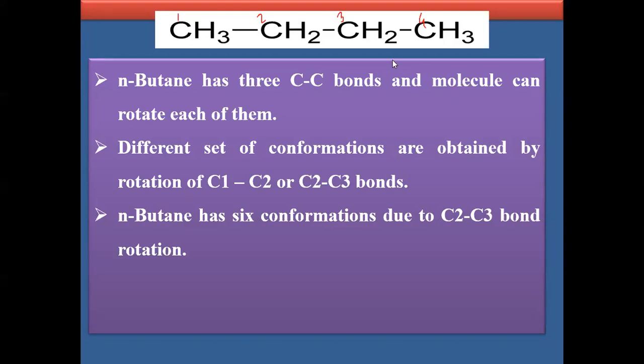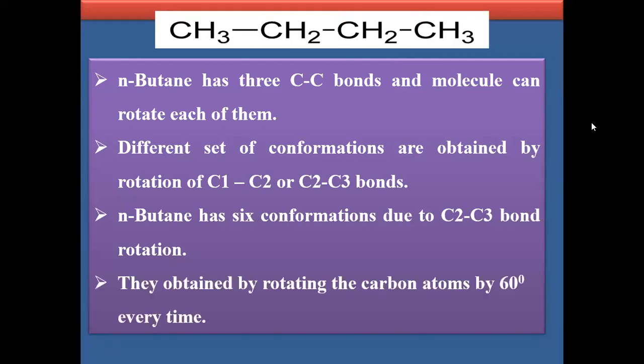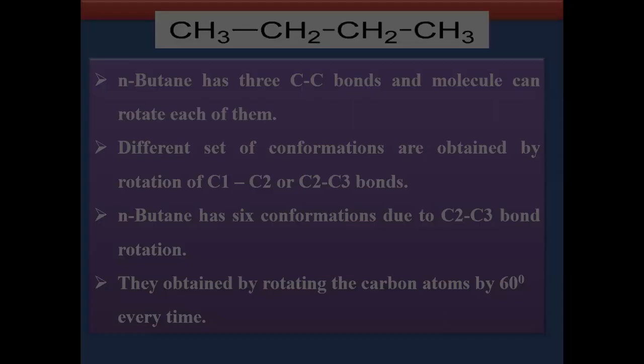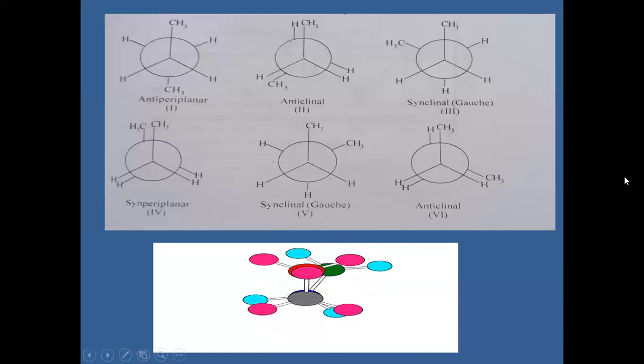What are these conformations? First of all, each conformation is obtained due to rotation of the carbon atom by 60 degrees every time. Now as you can see here, this is the rotation of carbon number 2 and carbon number 3, and that's why we get different types of conformations.